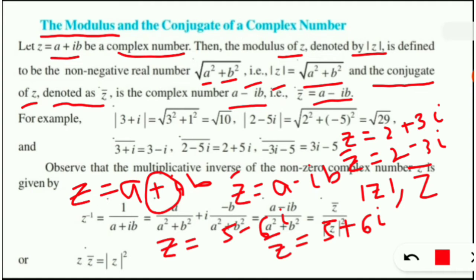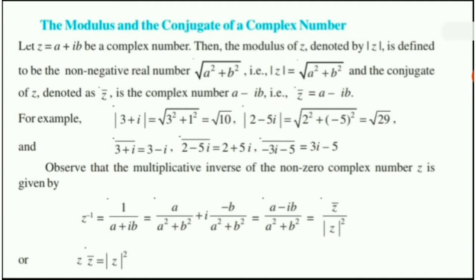Clear? So the conjugate of z, denoted by z bar, is the complex number a minus ib.